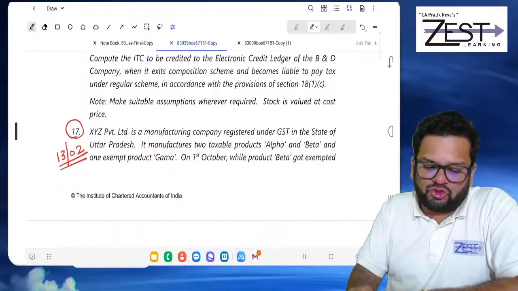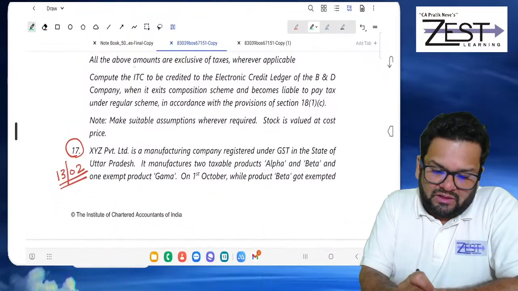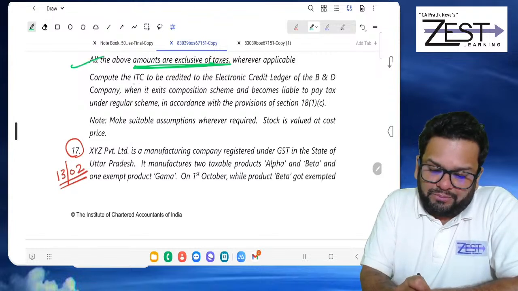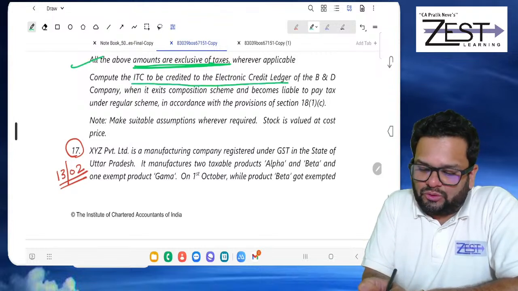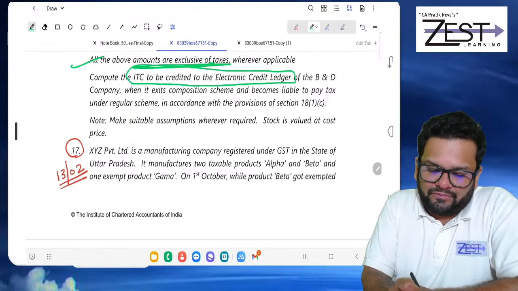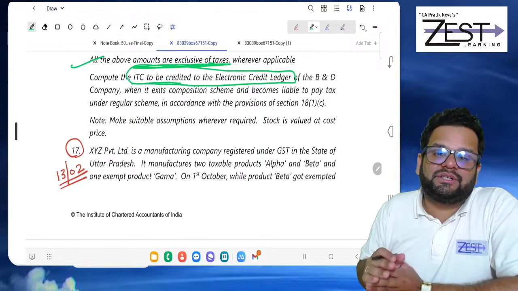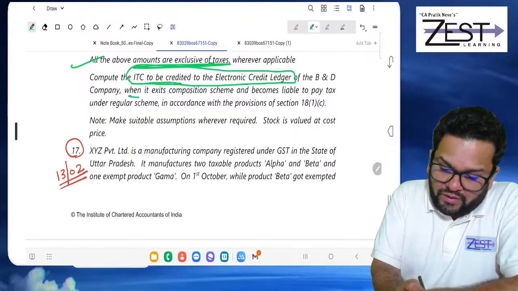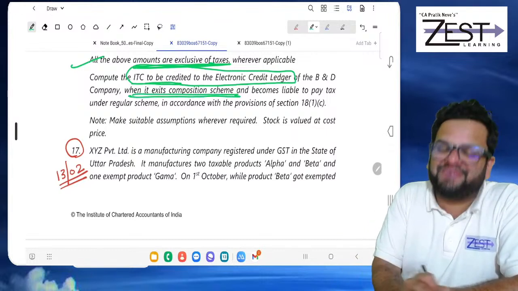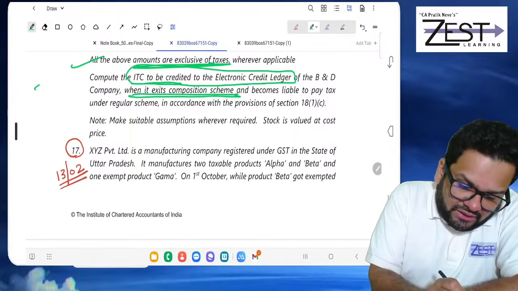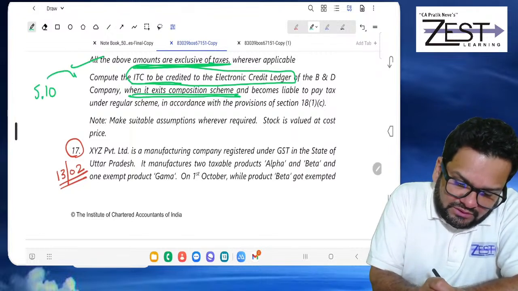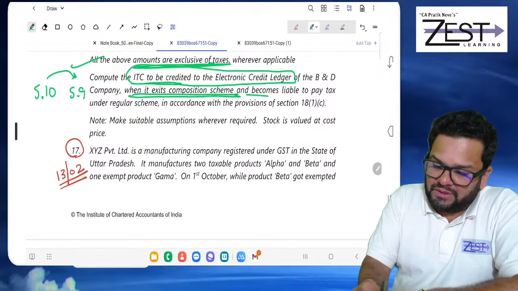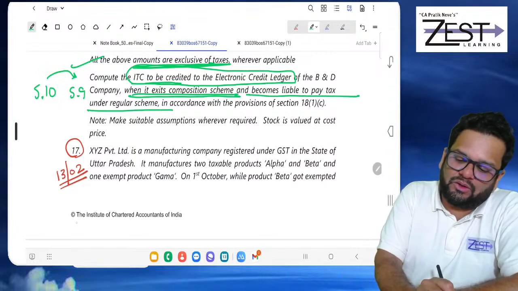The question, after giving so much information, is that all the above amounts are exclusive of taxes, that's fine. Compute ITC to be credited to the electronic credit ledger. So ITC eligibility is asked of B&D company when it exits the composition scheme. In short, it is moving from section 10 to section 9 and it is becoming liable to pay tax under the regular scheme.